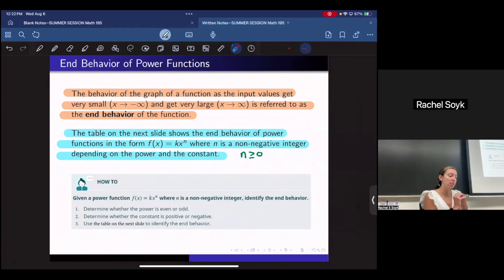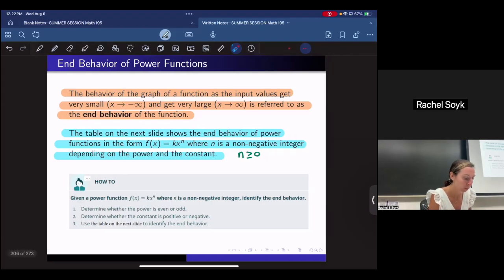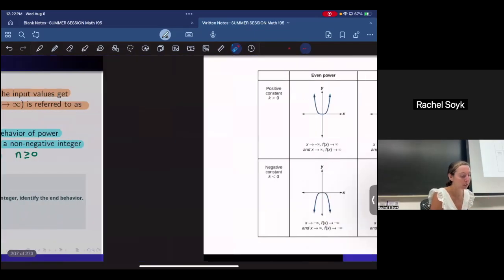And then obviously, if our k value is negative, then reflections will take place and we'll go from there. But there is a pattern when it comes to even and odd degree polynomials and their end behaviors. So we'll be looking at that now.